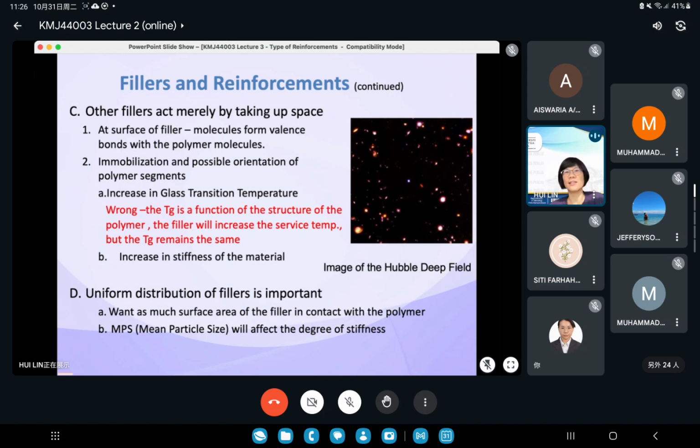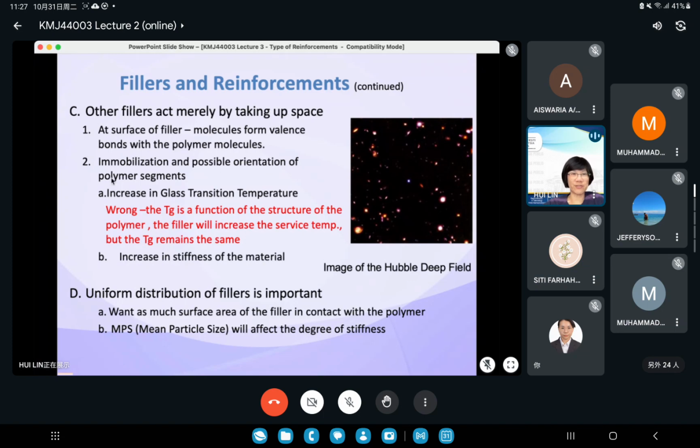When high density occurs, the composite would be heavier, in layman's terms, compared to the polymer alone. So this is also something we try to avoid, if possible.